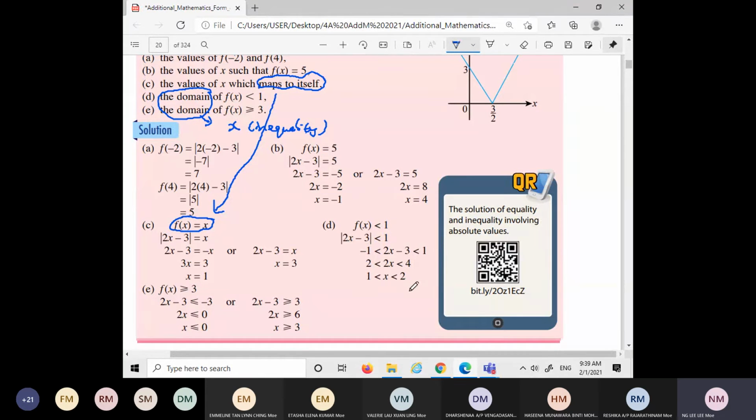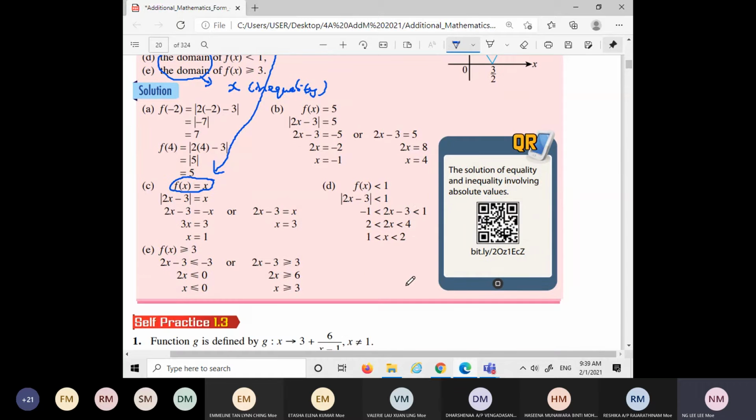Then solve it. I have to make sure you know how to solve this, so I will show you how. The rest I think is quite simple, so I won't show you. How to solve this? Start from here: 2x, negative 1, negative 3. Move to both sides, negative 3 becomes positive 3.